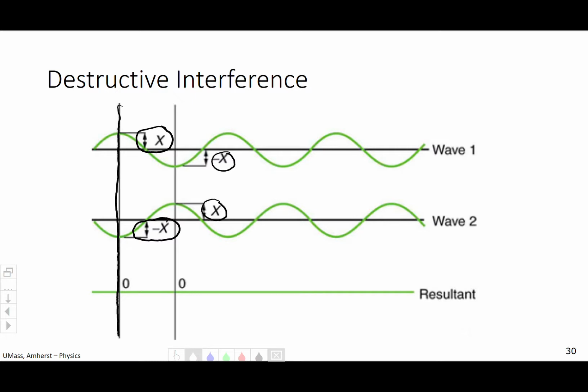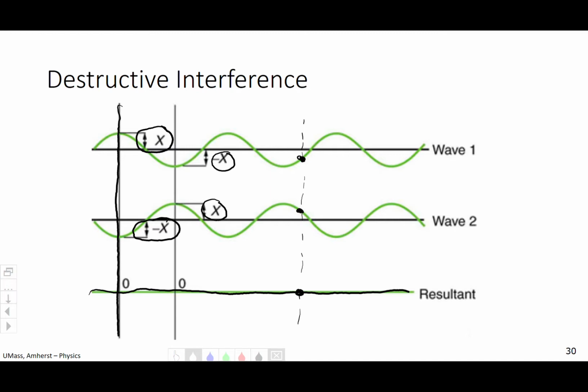Somewhere halfway in the middle, we're coming out of a trough, so we still have some negative amplitude, but here we have an equal positive amplitude. So the result is a flat line all the way through.